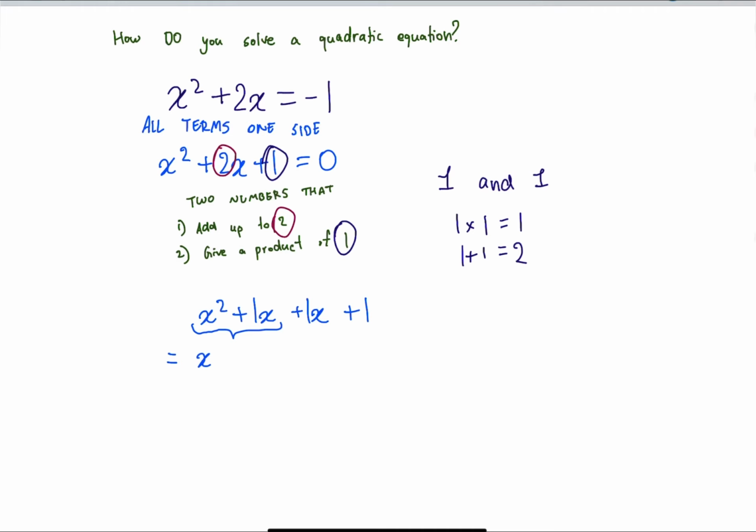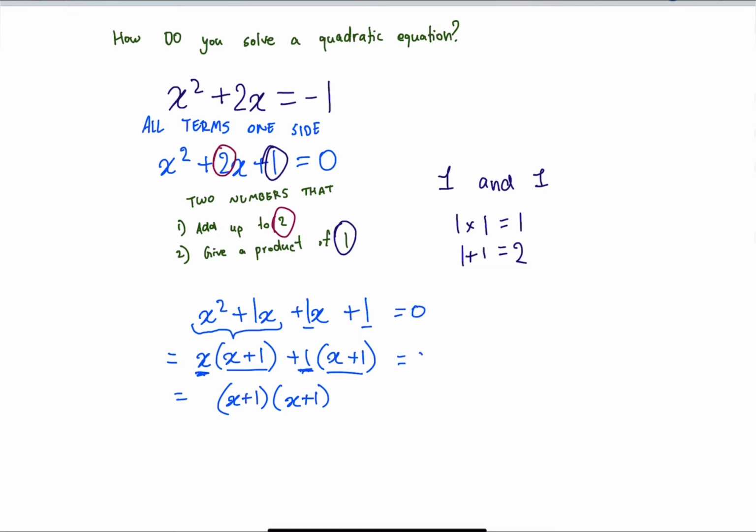If we divide by x, we get x plus 1. Same over here, both of these have a common factor of 1, so plus 1 times x plus 1. Now we take these two factors and put them in brackets, so there you have it, x plus 1 and x plus 1.